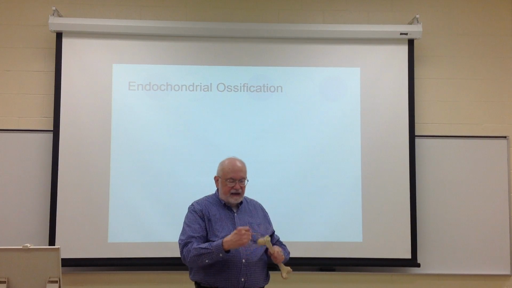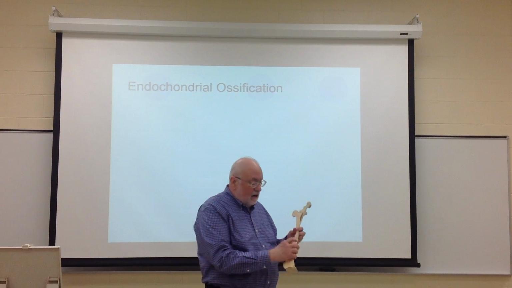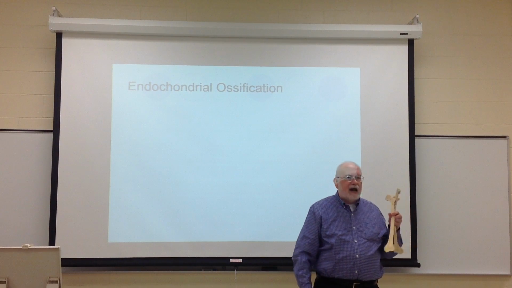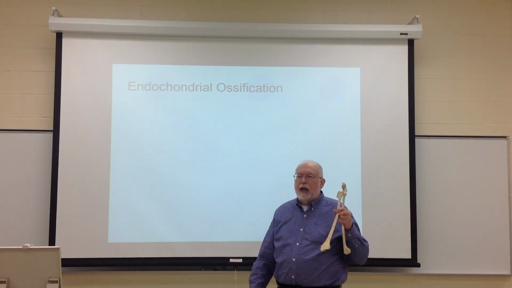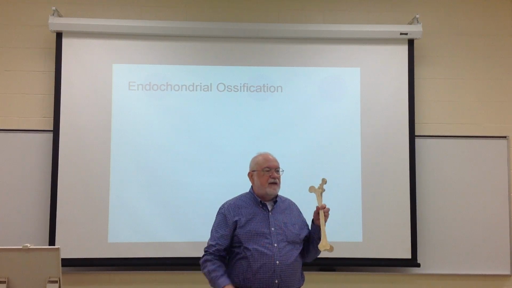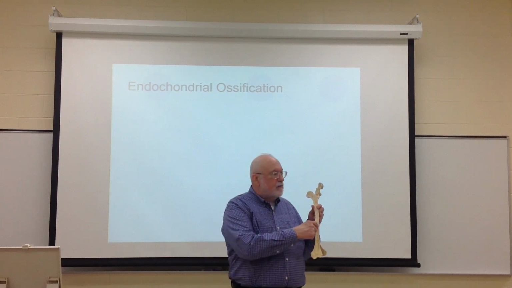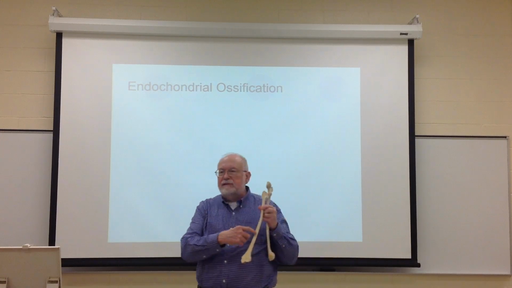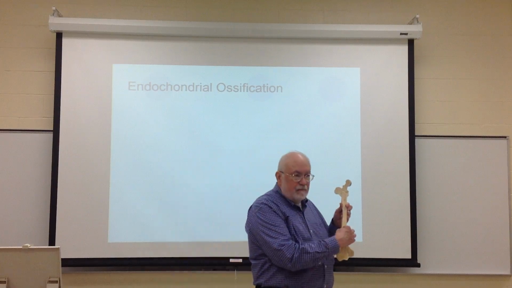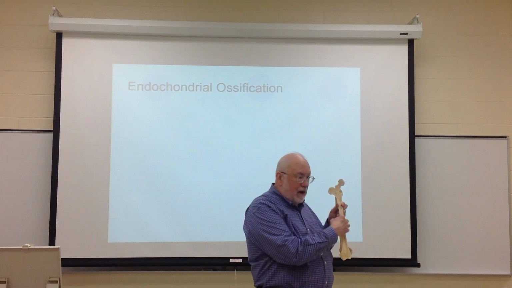Well, you've got this thin covering of compact bone on the outside, but in the center, we've still got just this calcified matrix with a bunch of holes in it, kind of like a Swiss cheese. Well, blood vessels like to grow in the path of least resistance, so they start growing into those holes. And osteoclasts are going to come in and start removing some of this calcified matrix that's in there, and blood vessels penetrate, and we form a medullary cavity, a cavity for marrow.